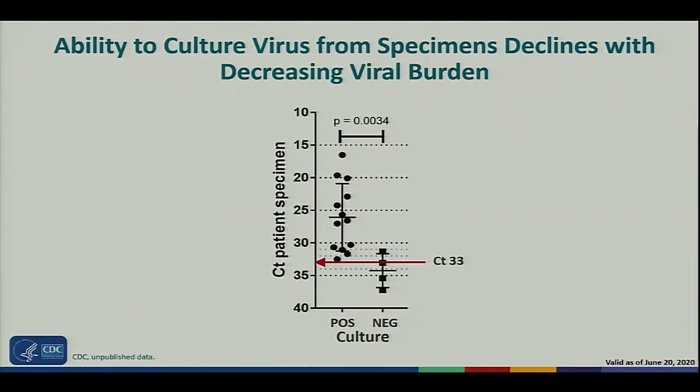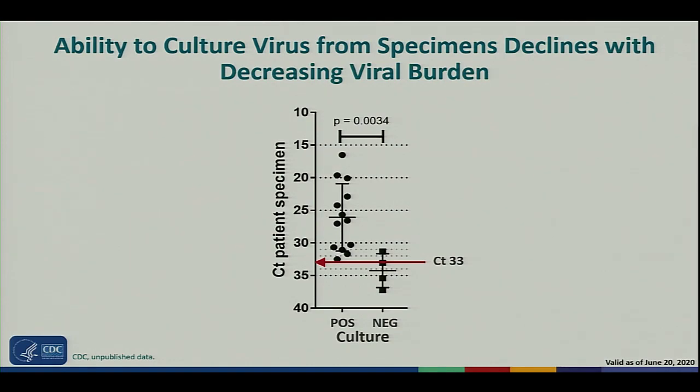Fourth, in addition to a time limitation on detection of live virus and infectiousness, it's also evident that the ability to culture the virus from specimens declines with decreasing viral burden. It's really remarkable how across a number of different studies now, looking at how long virus can be cultured, there is almost universally some threshold of viral burden below which virus is no longer able to be recovered, usually in the range of what's called a cycle threshold of about 30 to 35.